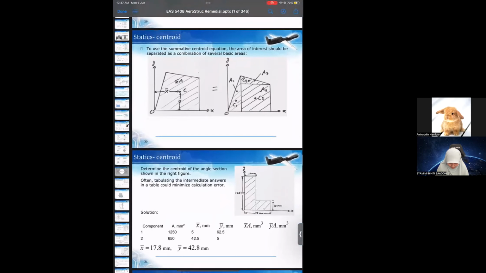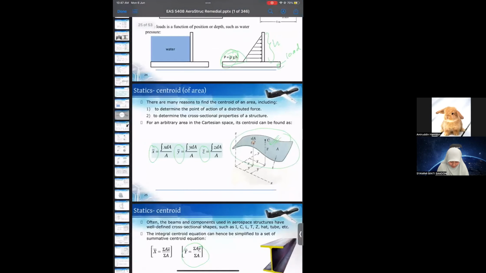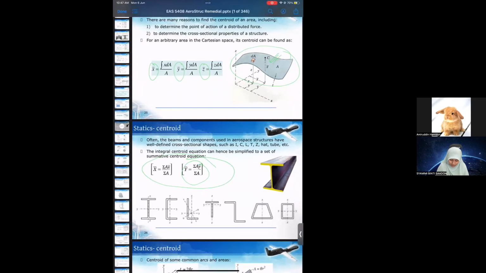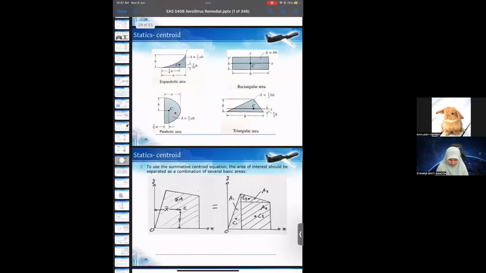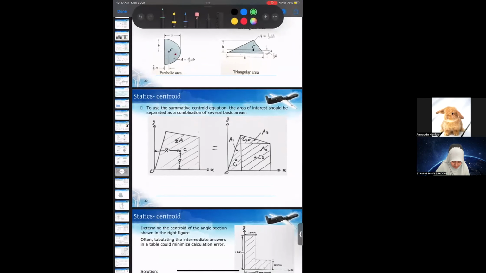Sometimes, if you want to calculate the centroid by using the sum of the area and the location like this, you can decompose, or divide, the area into several base areas. For example, we have a material like this, the concrete structure.